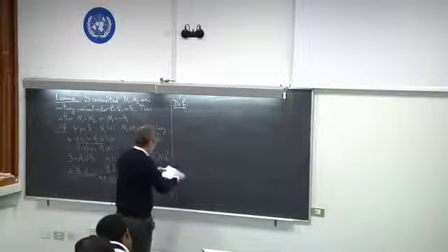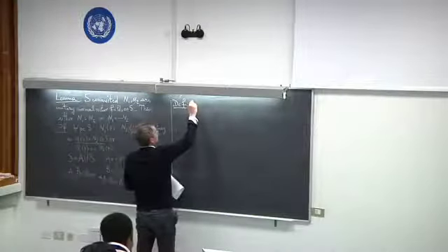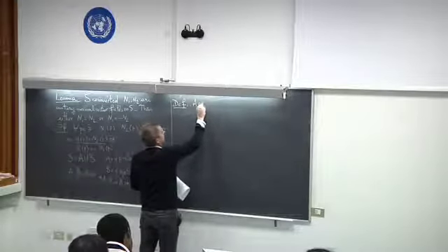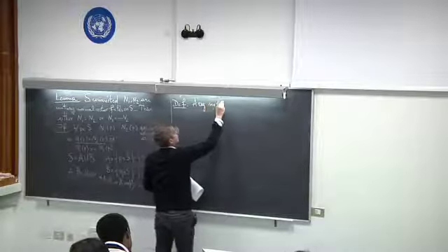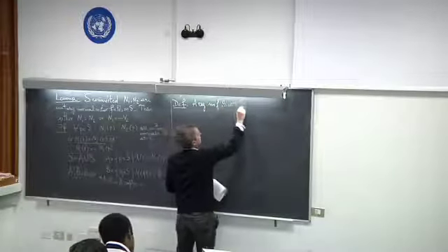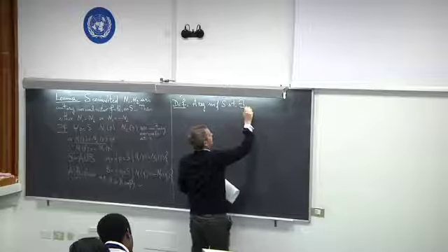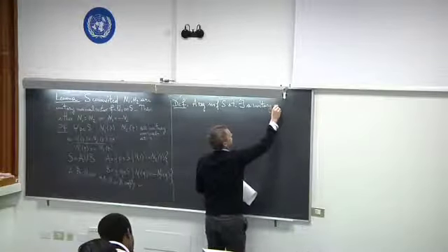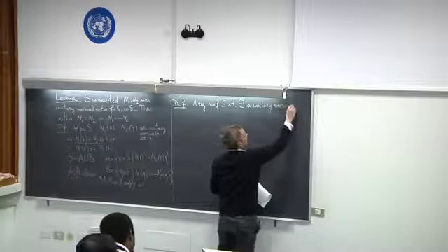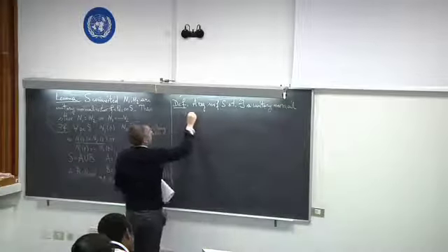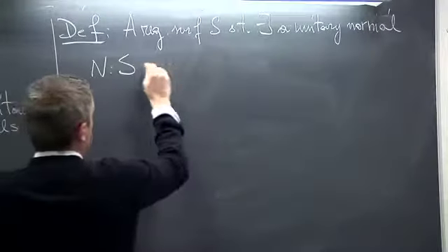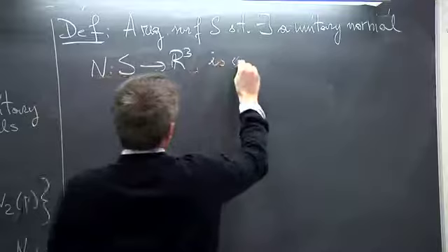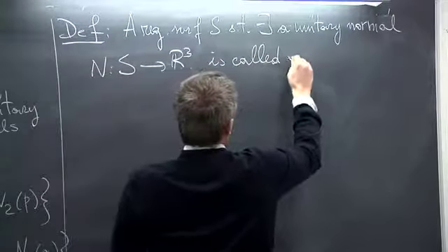Definition: a regular surface S such that there exists a unitary normal globally, that's the point, N, defined over the whole of S to R3, is called orientable.